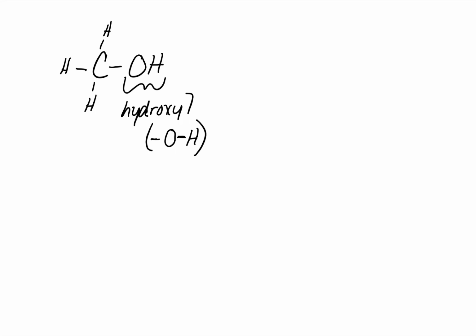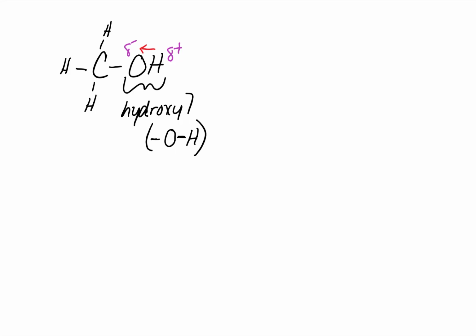The shared pair of electrons are going to spend more time near the oxygen atom due to oxygen's greater attraction for that shared pair of electrons. Because those electrons are negatively charged, that oxygen is going to get a partial negative charge associated with it, and hydrogen is going to get a partially positive charge associated with it.